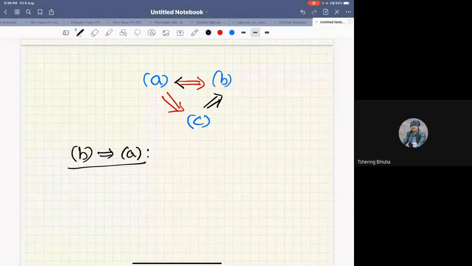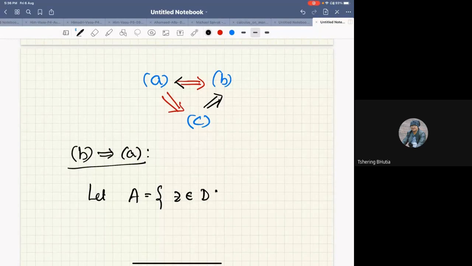What is B? B is nothing but there exists a point z naught in D such that f to the n of z naught equals to 0 for all n greater than equals to 0. And we want to prove that f is identically equals to 0. So let A equals the set of all z belongs to D such that f to the n of z equals to 0 for all n greater than equals to 0.